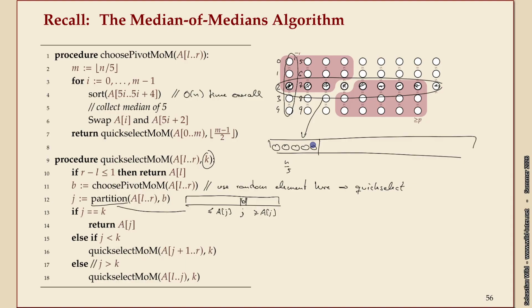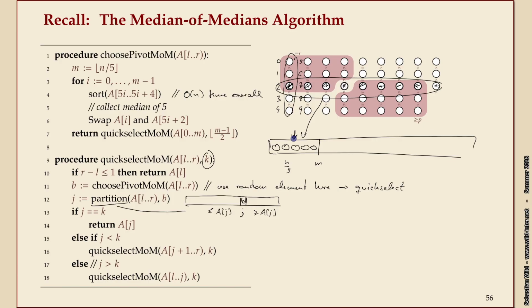These are all the middle guys from these columns, and then the other elements are sitting here in the right part. Now I'm recursively calling my original algorithm on this prefix. M was this n over 5. I'm recursively calling myself on this one to find the median among those middle elements.